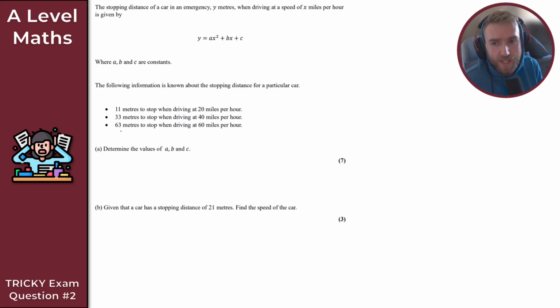So we know it takes 11 meters to stop when driving at 20 miles per hour, 33 meters at 40 miles per hour, and 63 meters at 60 miles per hour.